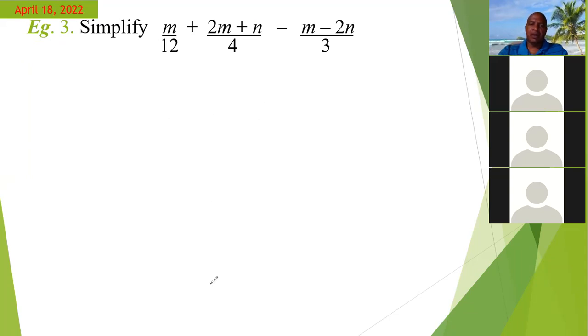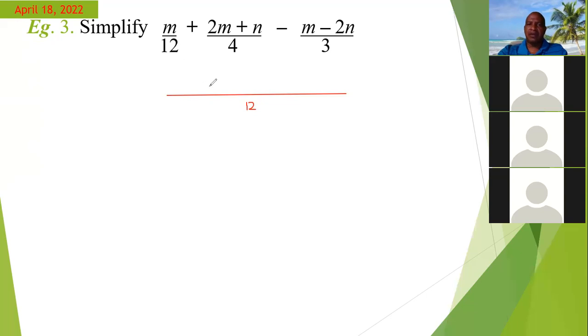So like before, I am going to take two different approaches here. One approach, we could simply write our LCM as the final denominator. In this case, we would have 12 down.